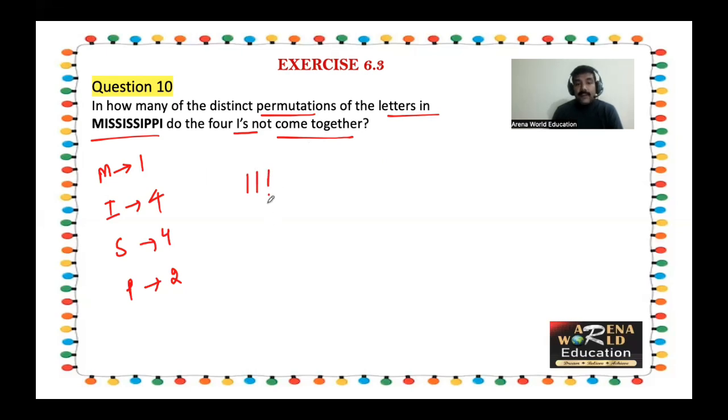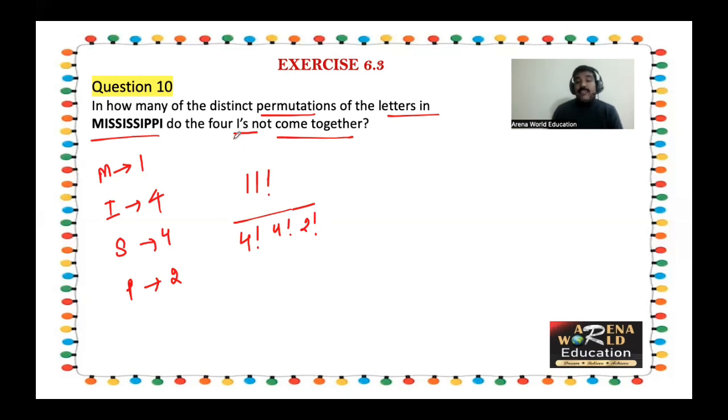So 11 factorial, right? And I is repeating 4 times. So that will be 4 factorial, right? S is repeating 4 times. So that will be 4 factorial. And P is repeating 2 times. So this will be 2 factorial, right?